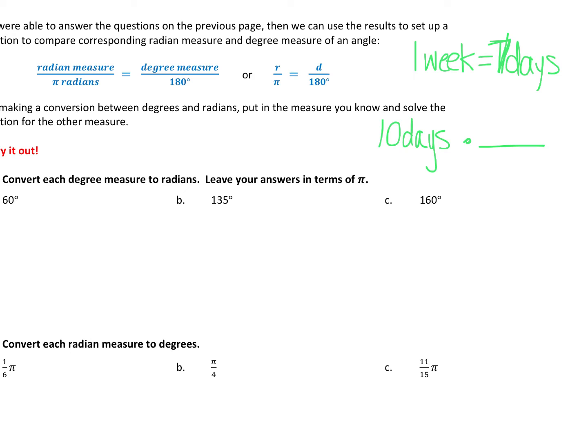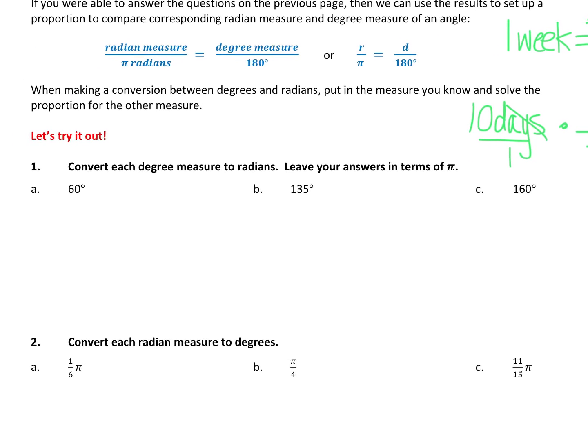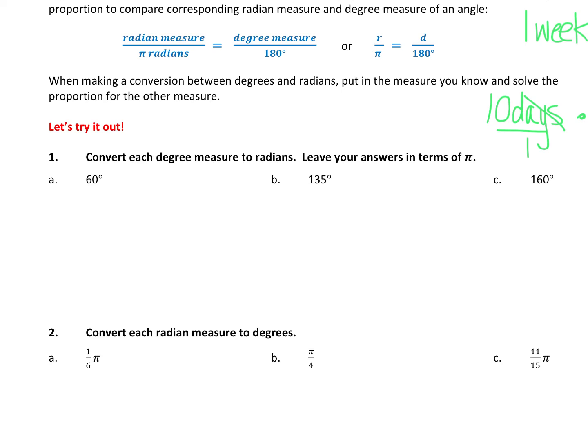Because I want the days to go away, I want days on the bottom because then they cancel. I would put weeks up top, and then I write the conversion: 1 week is 7 days. So this would equal 10 over 7, which is 1 3/7. And then my unit would be weeks. So it's 10/7 weeks.